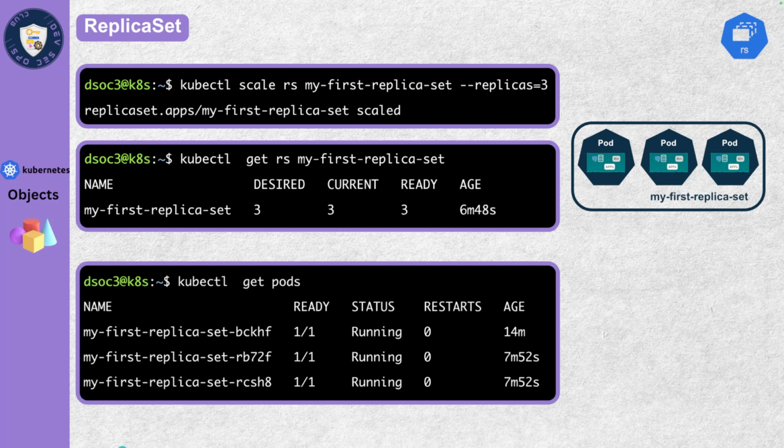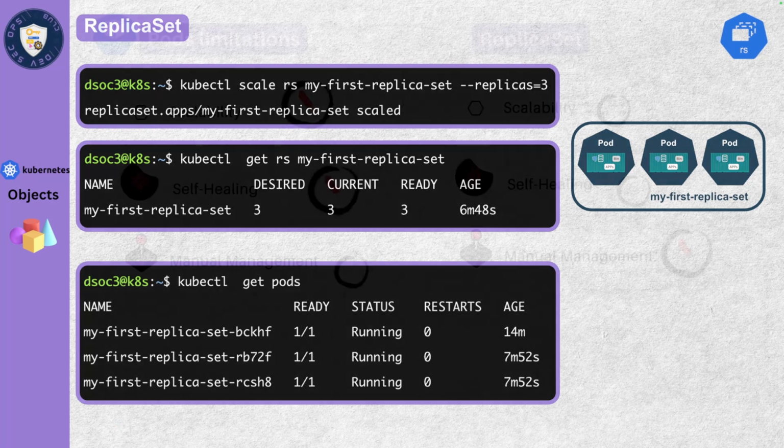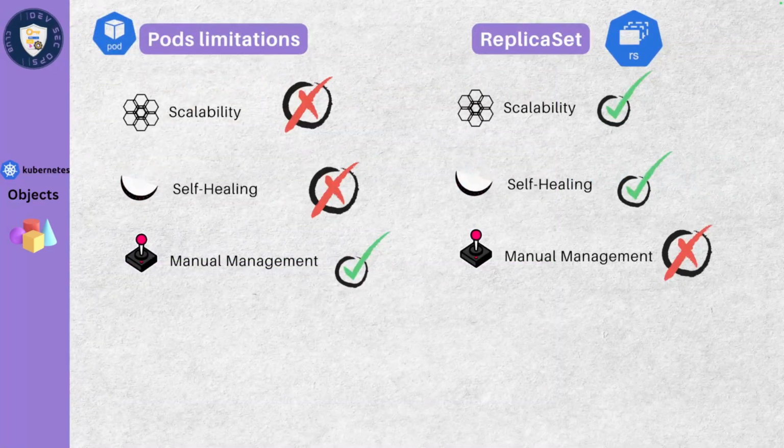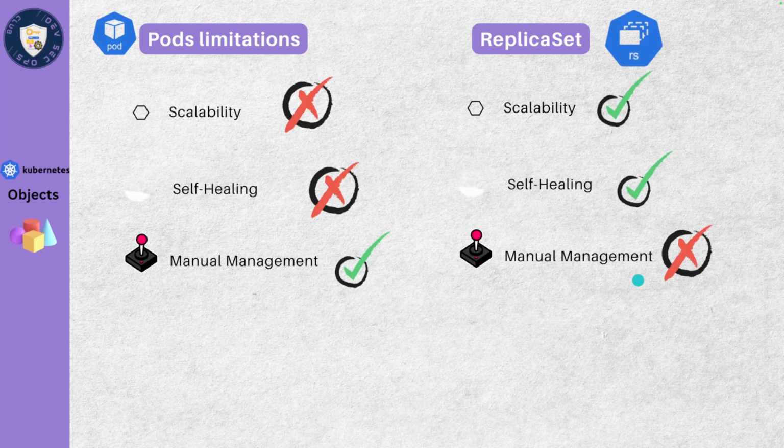So this is about kubectl and replica set. And like a pod, it also has some limitations, though it has resolved many. It resolves the scalability issue and gives self-healing.